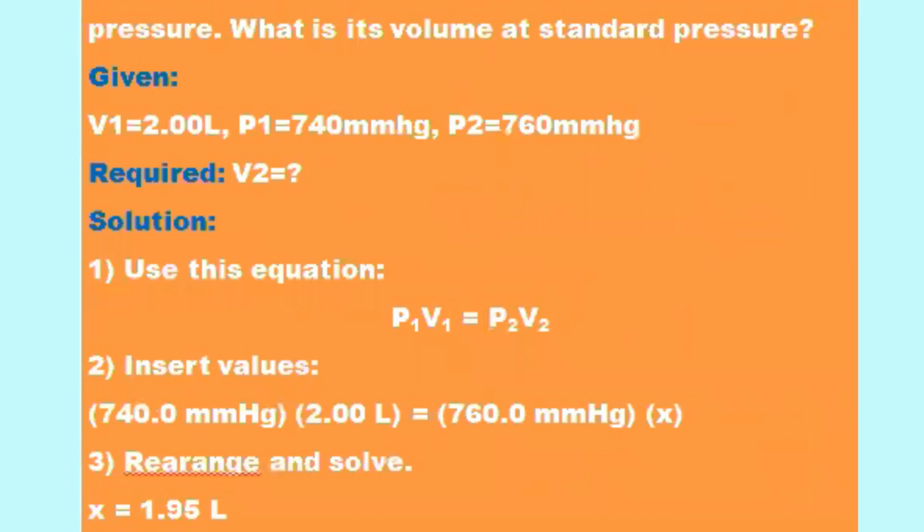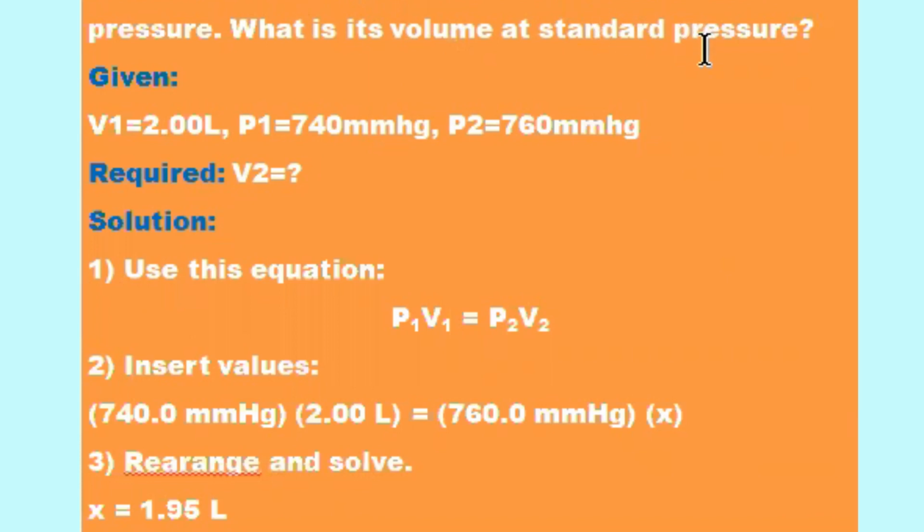Example: a 2.00 liter volume of a gas is at 740 millimeter of mercury pressure. What is its volume at standard pressure? Okay, you have V1 and P1, and you are asked to calculate V2 at standard P2.